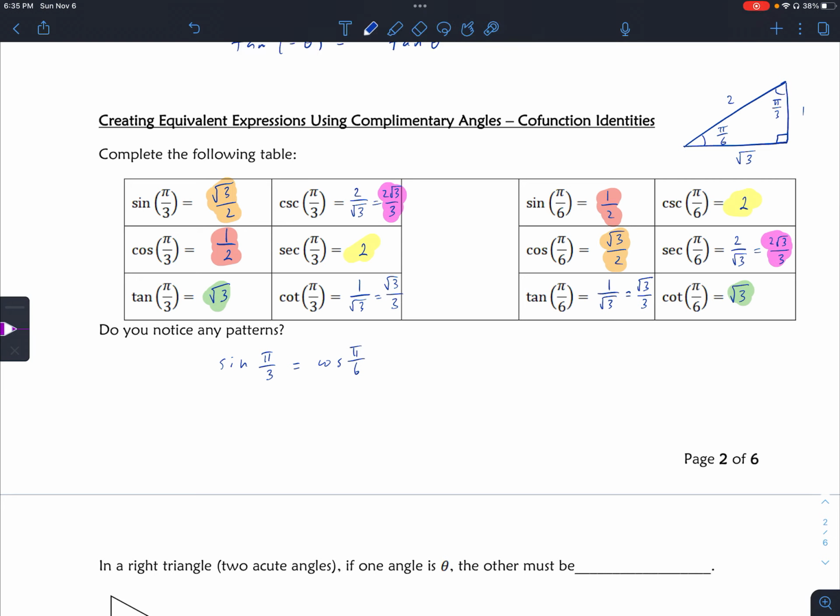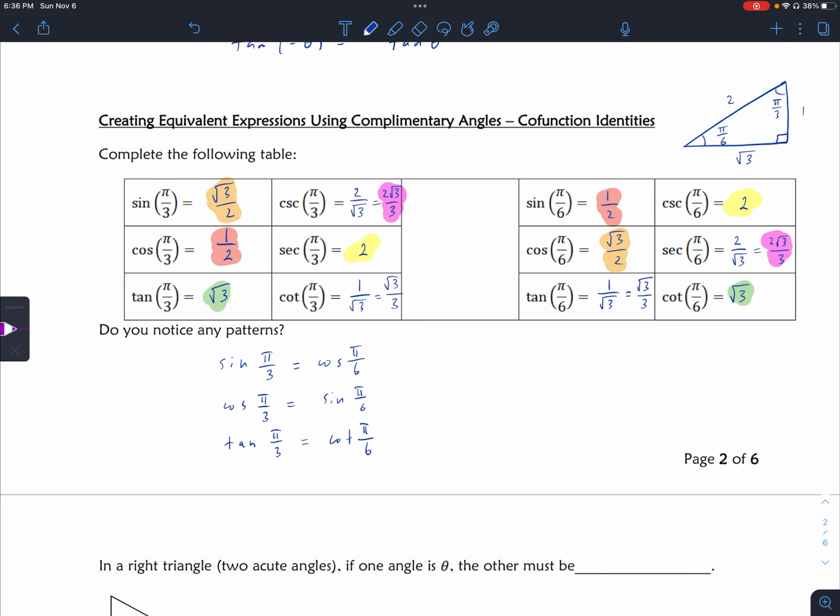And cosine of pi over 3 is equal to sine of pi over 6. And we've got tangent of pi over 3. What is that equal to? That's equal to cotangent of pi over 6.